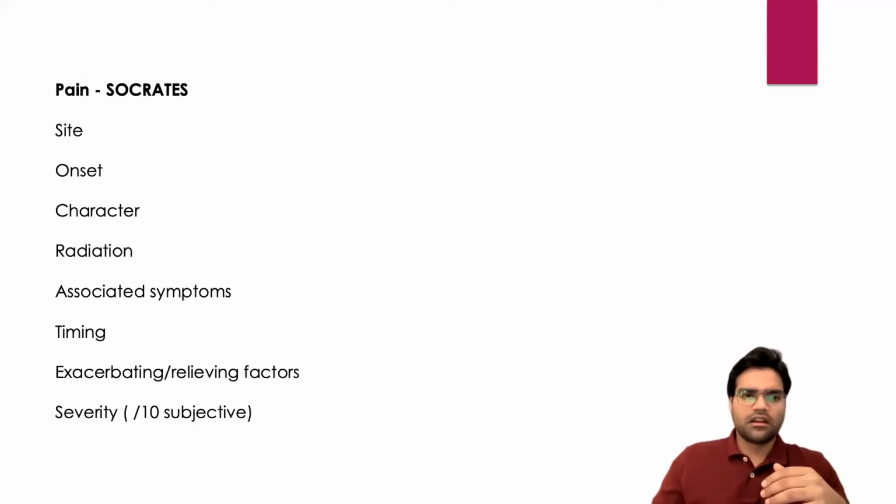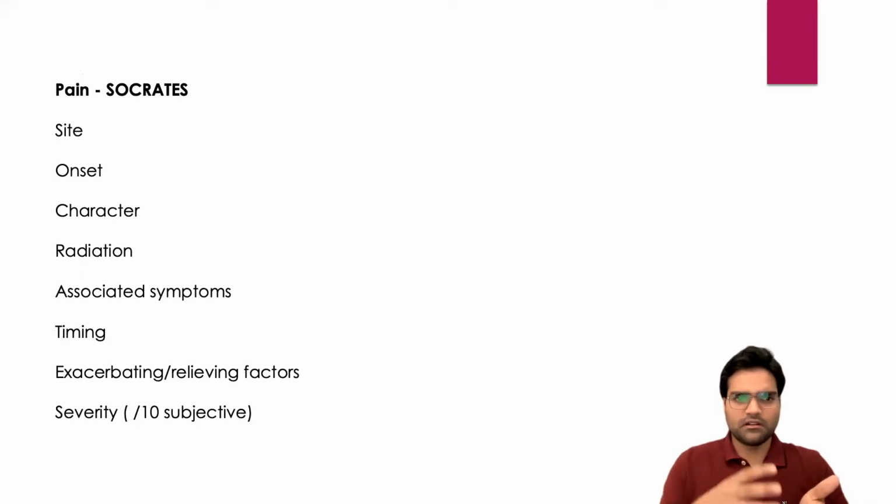Now there's one more way people present pain or any symptom: SOCRATES. In India, people say site of the pain, onset, character, radiation, associated symptoms, timing, exacerbating or relieving factors, and severity, out of 10, how much on the pain scale.